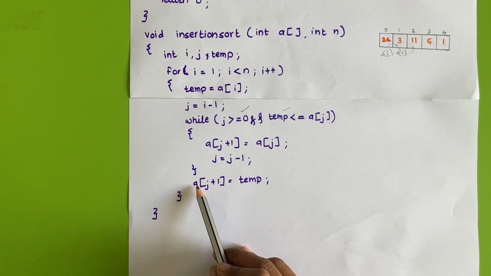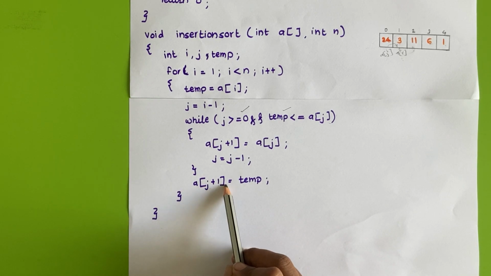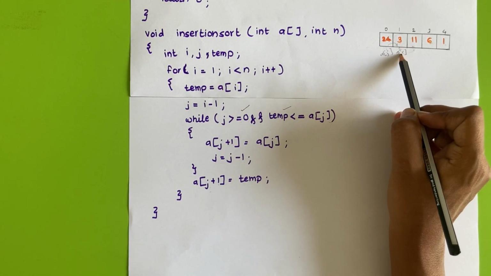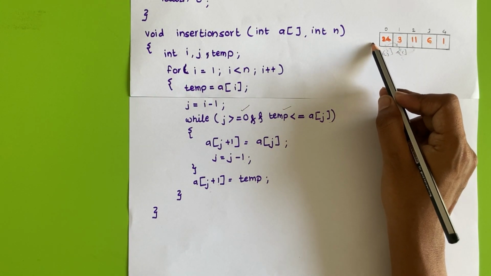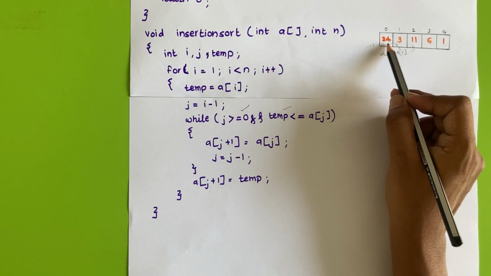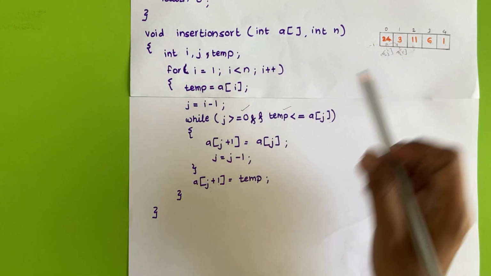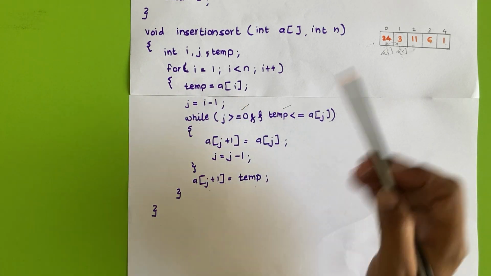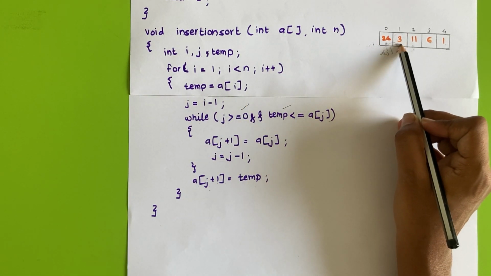The value at j plus 1 will get updated, so a of j plus 1 will be updated to temp. Now the value of j is minus 1, so minus 1 plus 1 is equal to 0, so here the value of temp, that is 3, will get updated. So this was related to these two values.